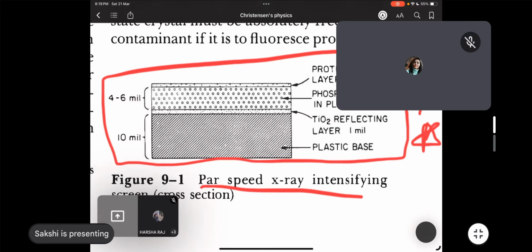The smaller the phosphor crystal, the better the image quality. So higher speed will have larger sized crystals as compared to the detail screen, and medium speed, that is the par speed, will have moderate size of the phosphor crystals. Understood, Harsha, Ananjay, Abhishek? If the thickness of the phosphor increases, the speed will increase and dose will reduce.